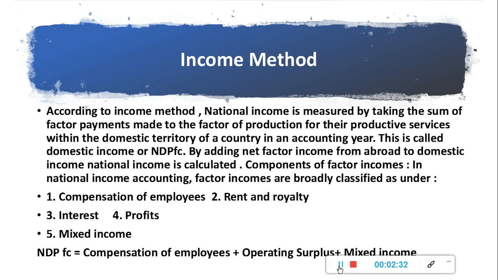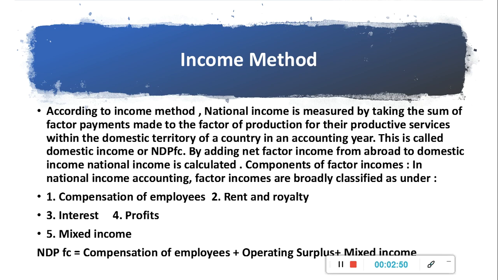Students, now we will discuss the components of factor income. The first component of factor income is compensation of employees. This is the reward that the labor or the employees receive for rendering their services. Next is rent and royalty.